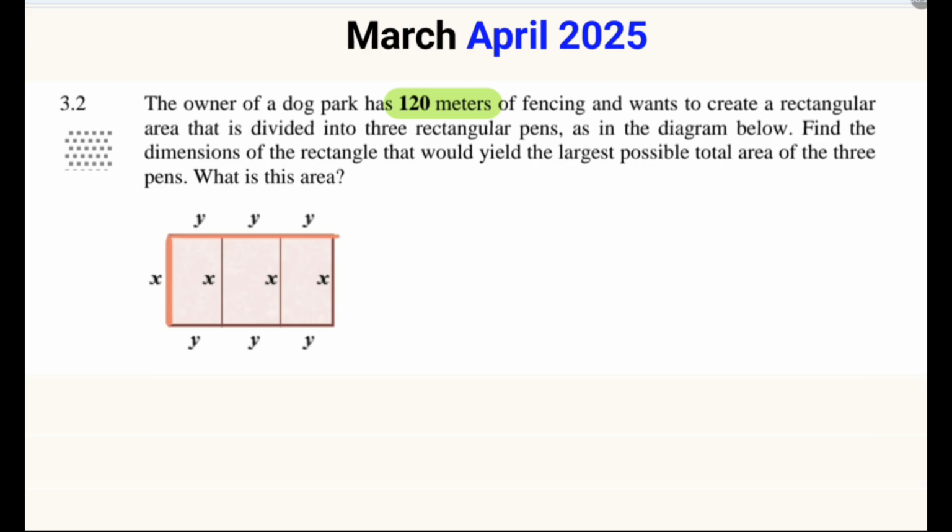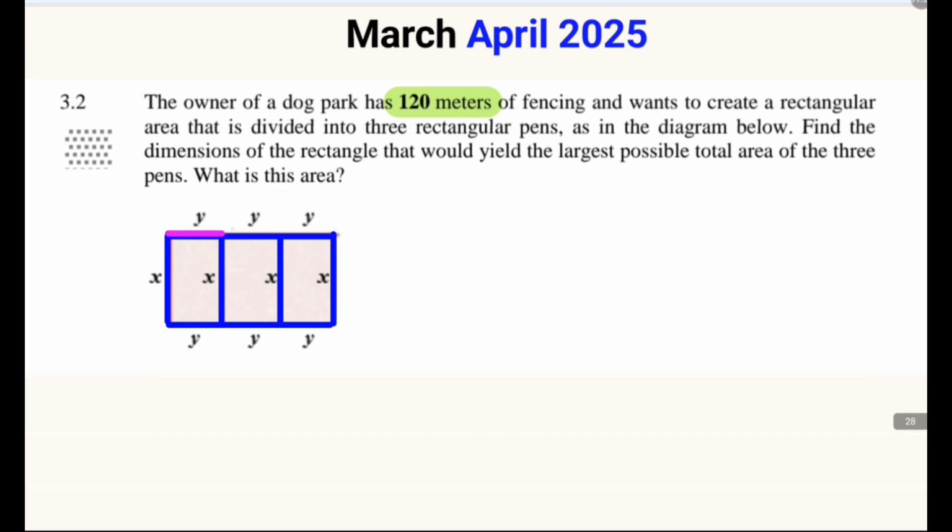The 120 meters of fencing was used to fence around the total area and also to divide the area into 3 pens. So we have y number 1, y number 2, y number 3, y number 4, y number 5, and y number 6.